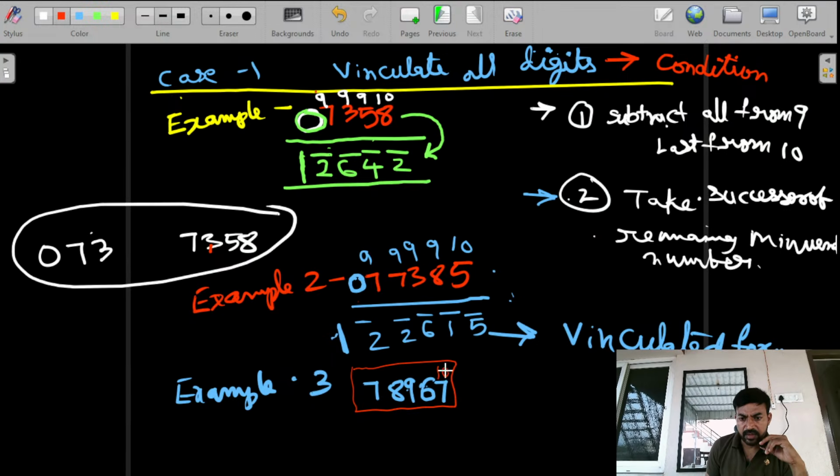Here you have to apply on all digits, because vinculate all digits means you have to apply on all digits. 10 minus 7 is bar 3, 9 minus 6 bar 3 again, 9 minus 9 is 0, 9 minus 8 bar 1, 9 minus 7 bar 2. Once again you have to assume there is a 0 before 7.